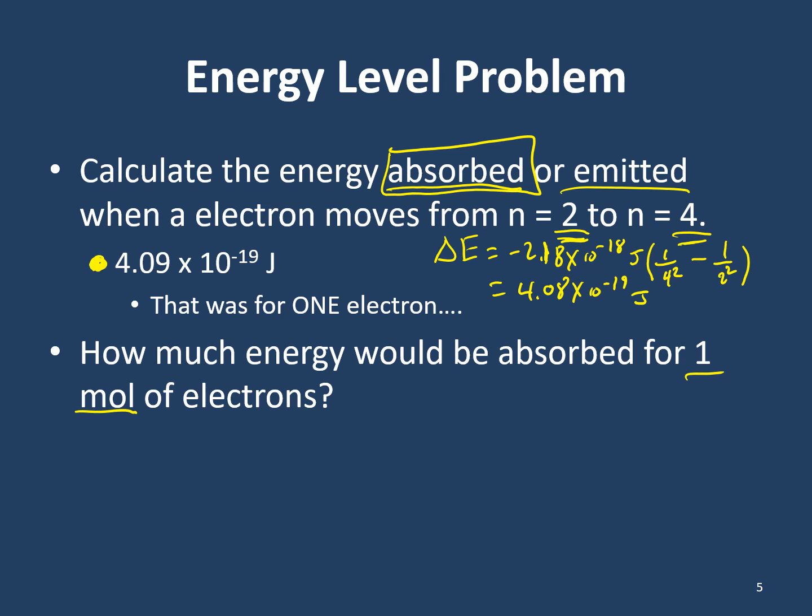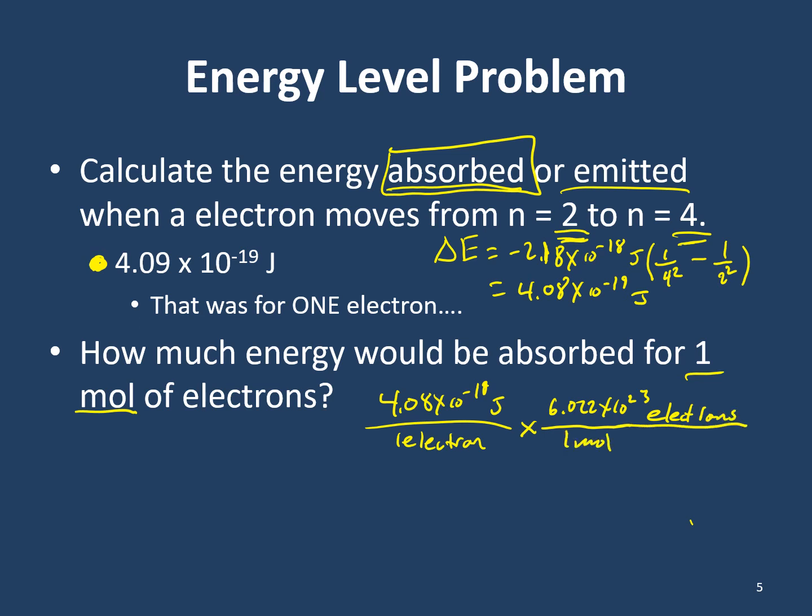Well, the way we do this is now we have to use Avogadro's number, just like we did when we were calculating the energy of a mole of photons present in a specific wavelength in a previous lecture video. So I'm going to take my 4.08 times 10 to the negative 19 joules and go, okay, hey, well, this is really per 1 electron. And I know that there are 6.022 times 10 to the 23 electrons in 1 mole of electrons.